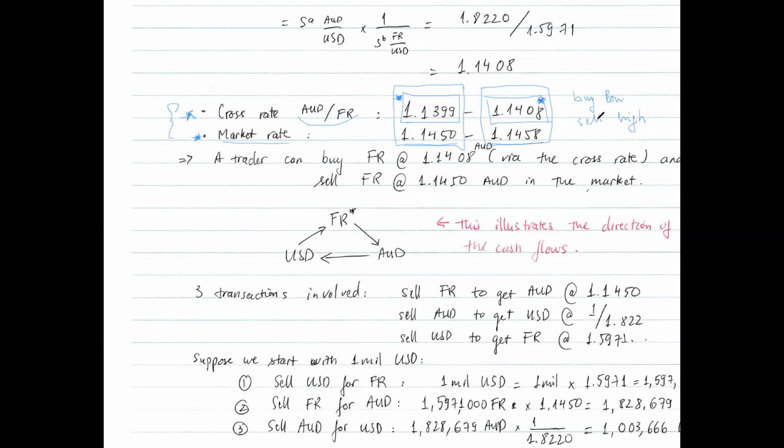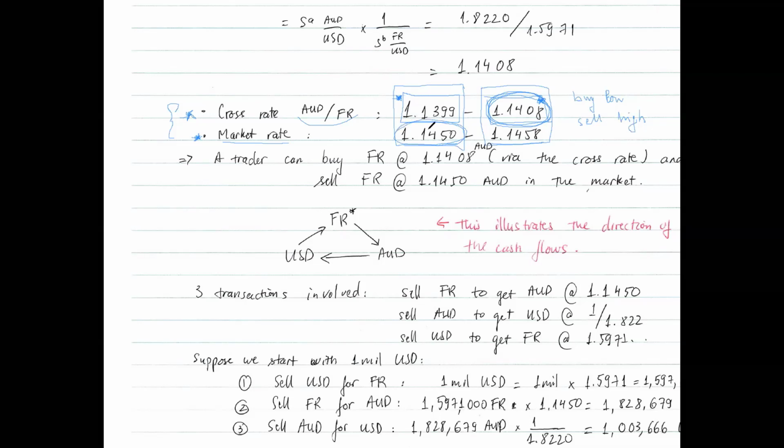All right, so what do we think? If I want to buy low and sell high, I can identify an opportunity in this case. If I can buy the franc at this rate, 1.1408, I can sell it at this rate, right?